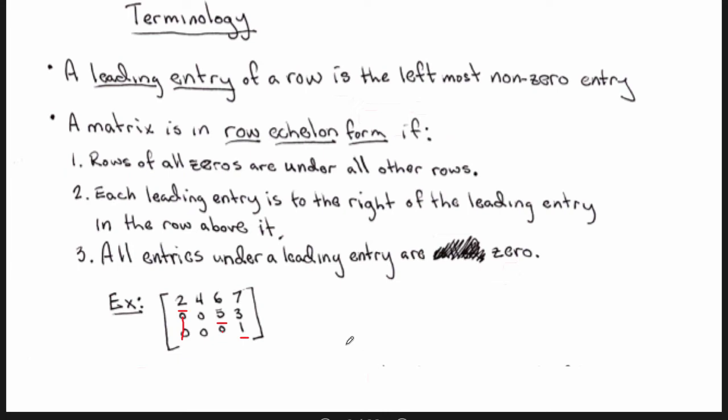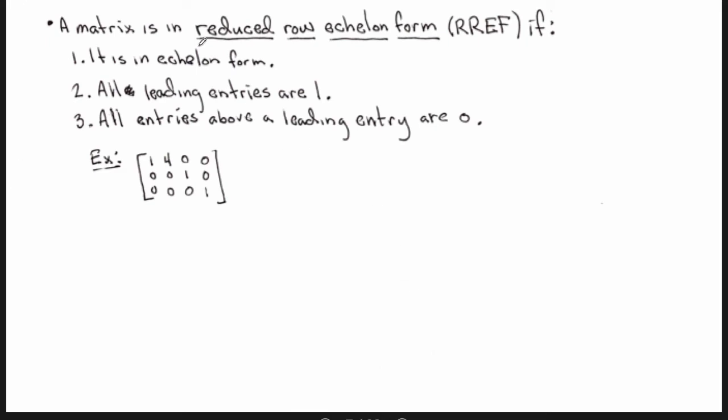Beyond that, a matrix is in reduced row echelon form, RREF, if first it's in row echelon form, then all the leading entries are 1, and all entries above the leading entry are 0.